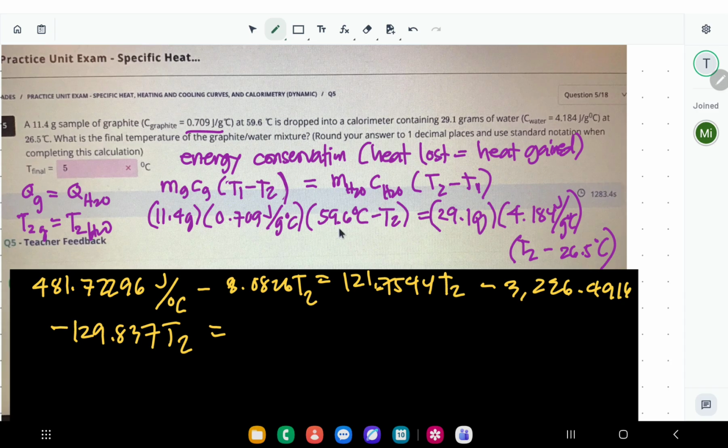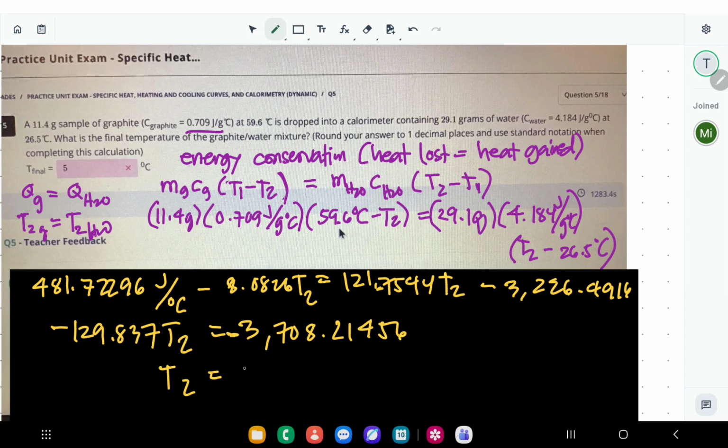So this is 3,708.21456. Then divide that by negative 129.837.